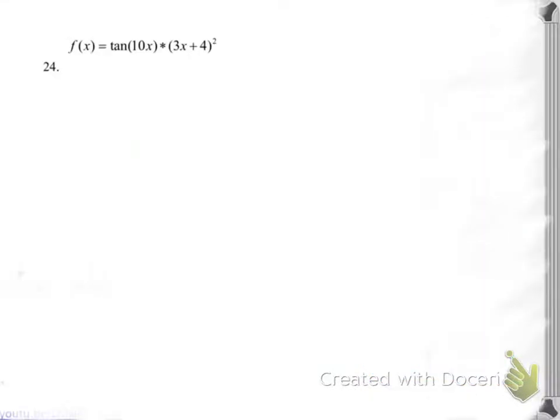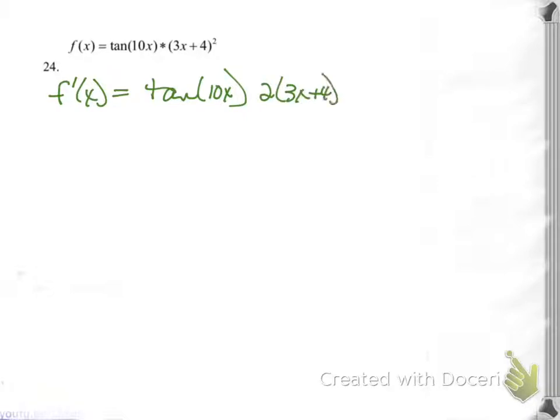Okay, here's question 24. So I have a trig function times a function raised to a power. So I'm going to need the product rule. So to do the product rule, I'm going to say, okay, f prime of x equals left, d right, which is 2 times 3x plus 4 to the first power now, times the derivative of the inside, which is just 3.